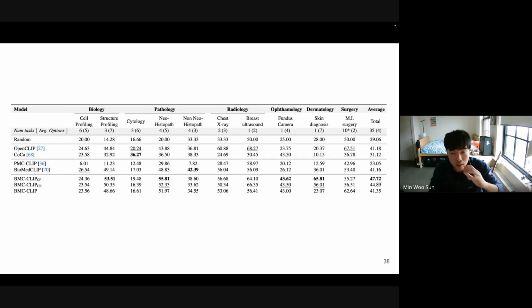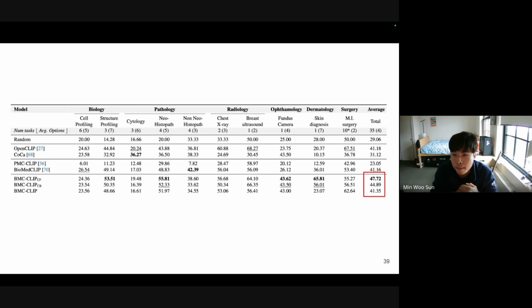What I'm showing you here is the table of all the zero-shot classification evaluation tasks that was used to build that radial plot that I showed in the previous slide. One of the points we want to make here, and Alejandro alluded to this, is evaluating our models across the wide span of biomedicine, not just looking at pathology or radiology in these narrow domains, but assessing the capability of these models across these domains.